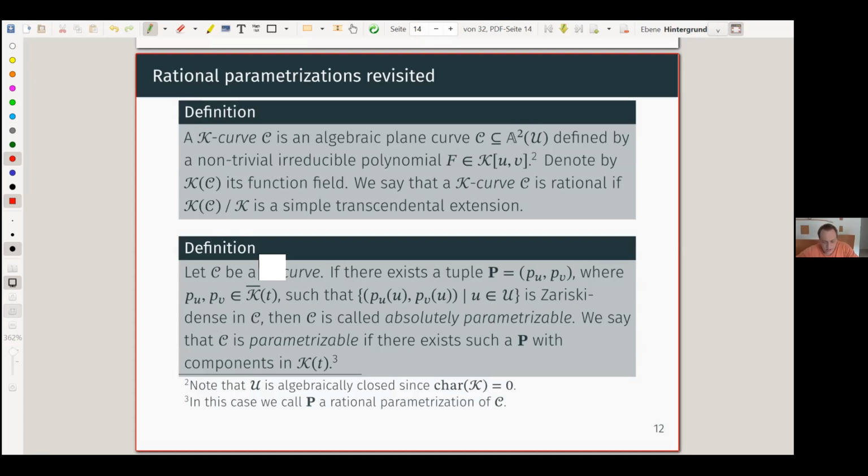As I said, I favor a bit of a different view of what actually a rational parameterization is.